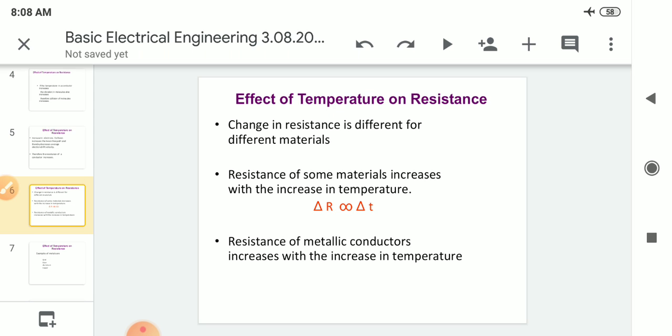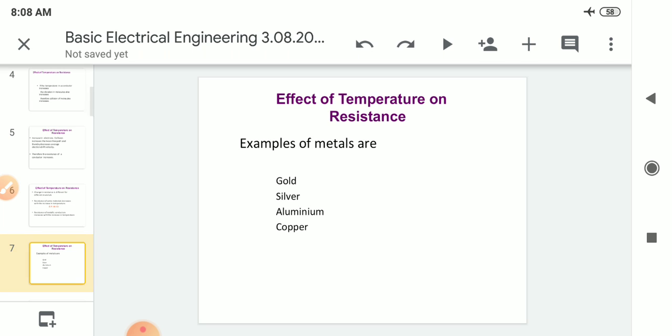The change in resistance is directly proportional to change in temperature. This change depends completely on the type of resistance. Some resistances increase with increase in temperature. Some resistances will decrease with increase in temperature. So some have a positive coefficient, some have a negative.